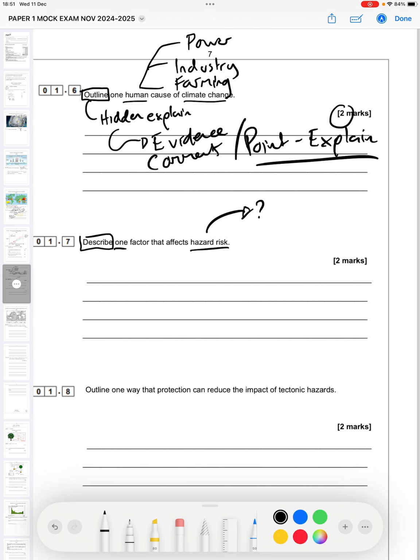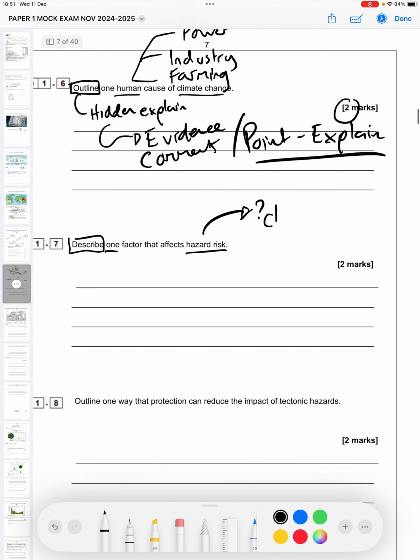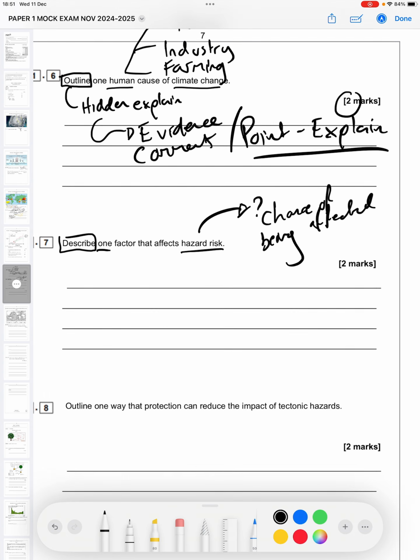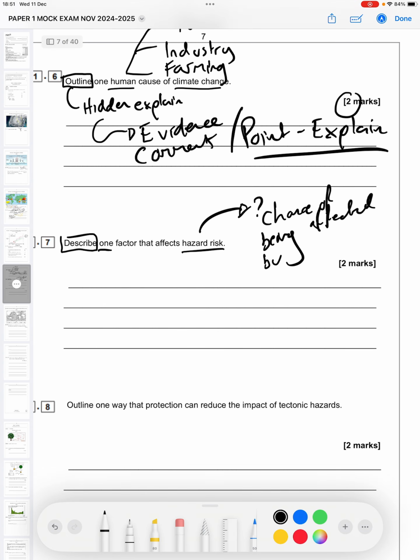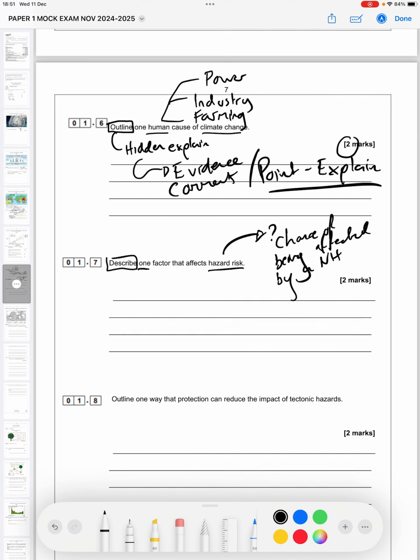So hazard risk for us, okay, is the chance, it's basically the chance of being affected, I have to mind my handwriting, by a natural hazard. So it's the chance of being affected by a natural hazard.